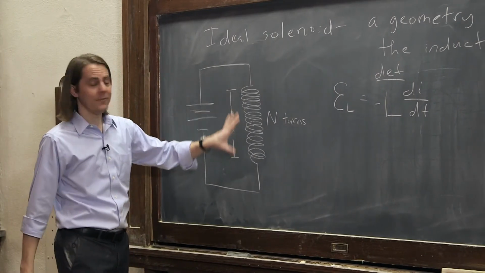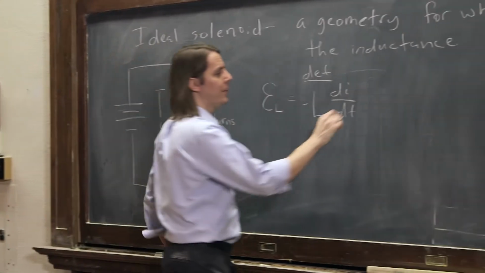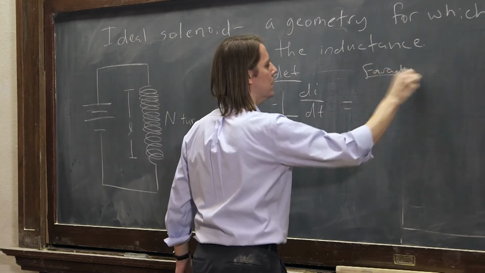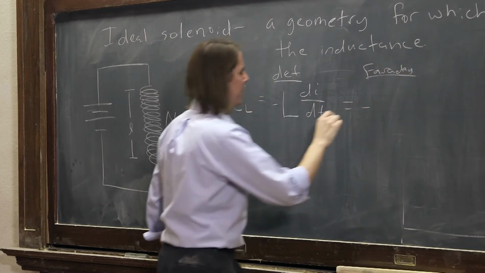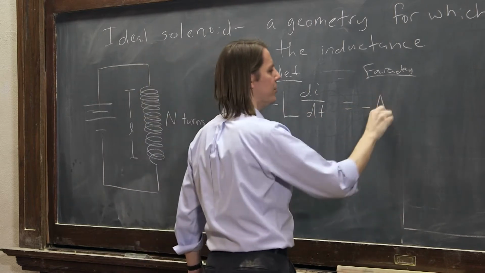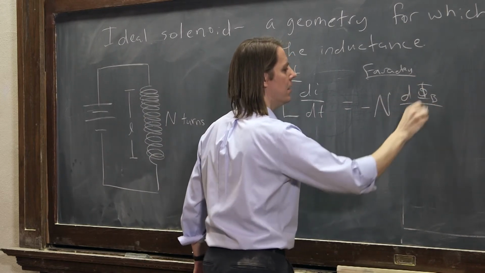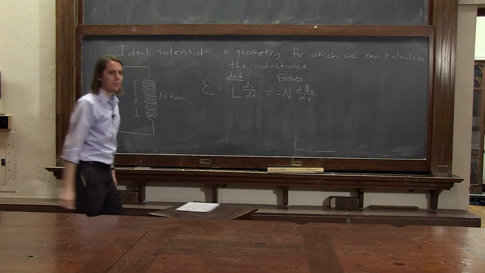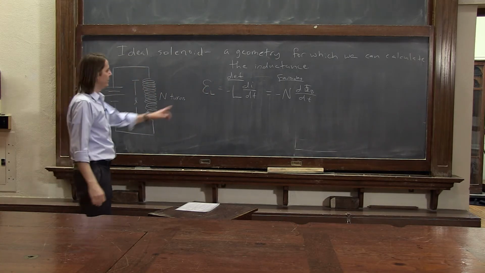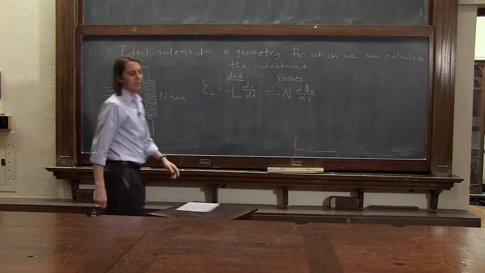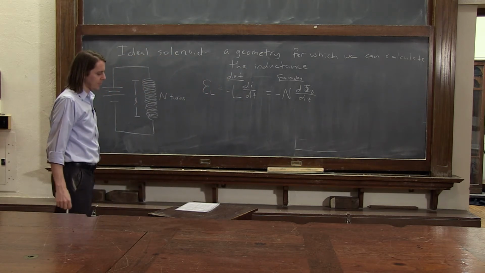But since this is a well-defined geometry, we also can do it from Faraday's law, where it's minus N, the total number of turns, d phi B dt. Both of those are true. This one's treating it as just an unknown circuit element. This one is treating it with Faraday's law of induction.